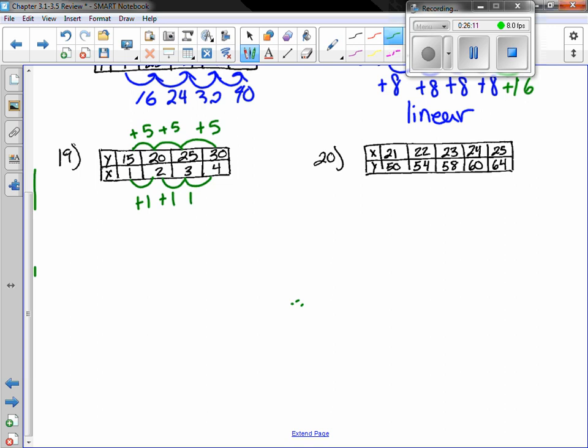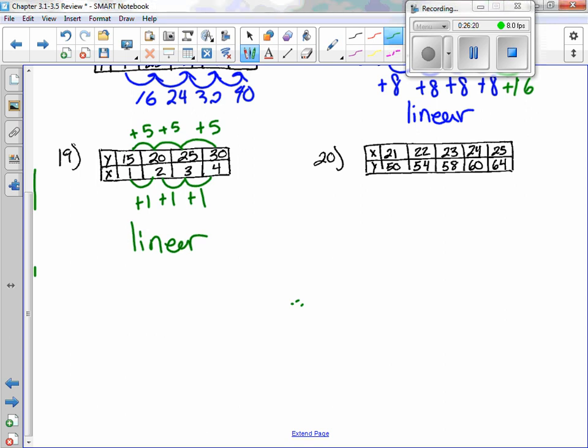Well, here they're just adding. So is this linear? This would be linear. Any questions on this here? We feel pretty good with this here? Yes? So let's look at the next one.